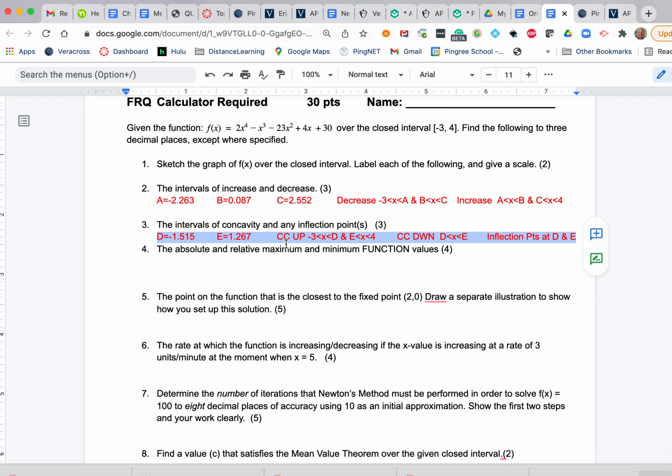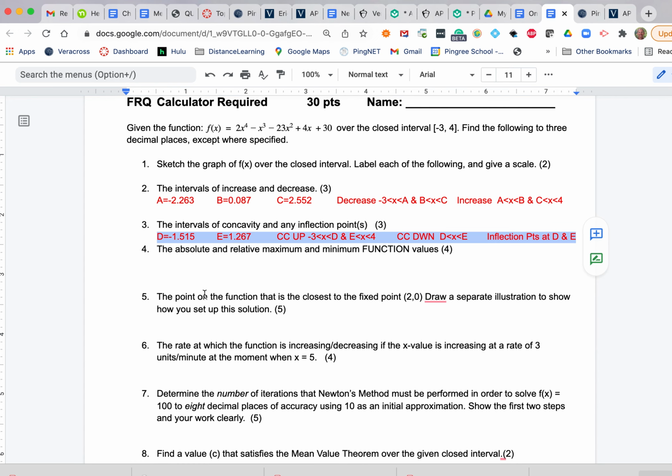That means it's concave up wherever that second derivative is above the x-axis. That's from -3 to that -1.515. And then it's also concave up from my 1.267 to the end point there at 4, concave down in between. So those are the inflection points there, because that's the boundaries for my concavity.